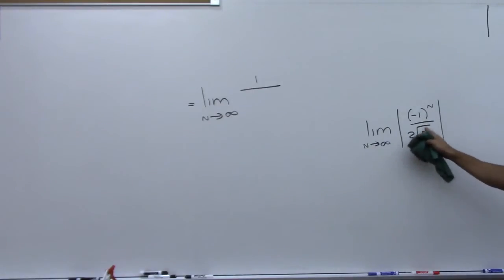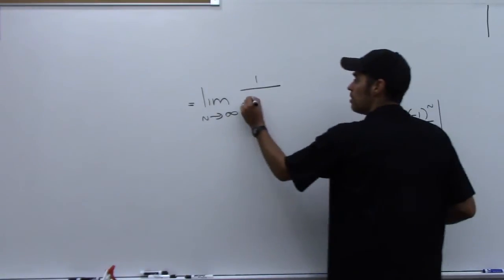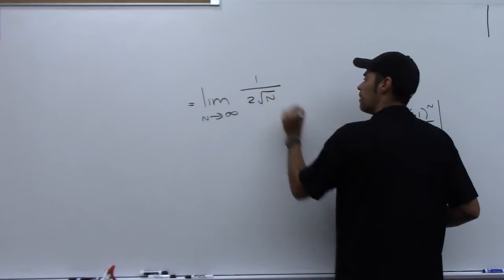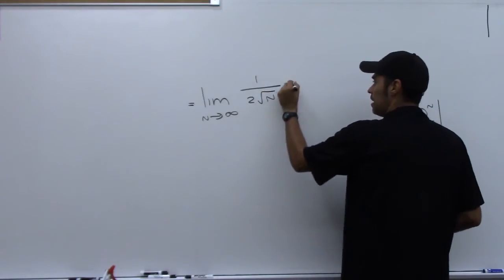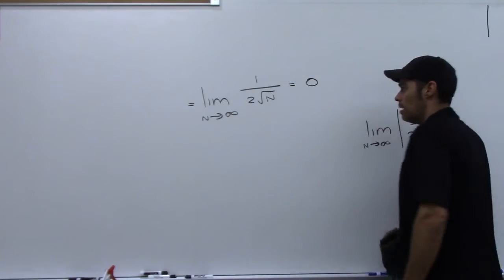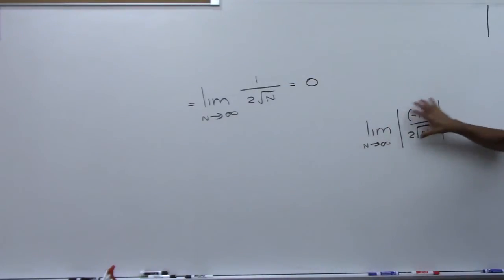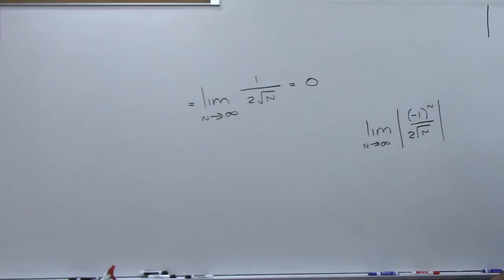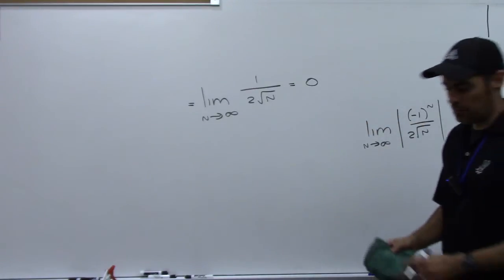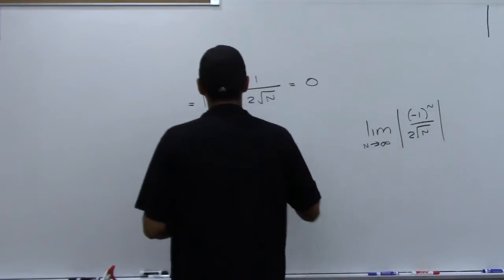So this is always going to spit out a positive number on the bottom. So I'm just going to write 2 root n. And it's pretty obvious what happens here. As n gets bigger, this thing goes to 0. And so if the absolute value of the sequence goes to 0, which it does, then the original sequence goes to 0. So the answer to this one would be it converges to 0.